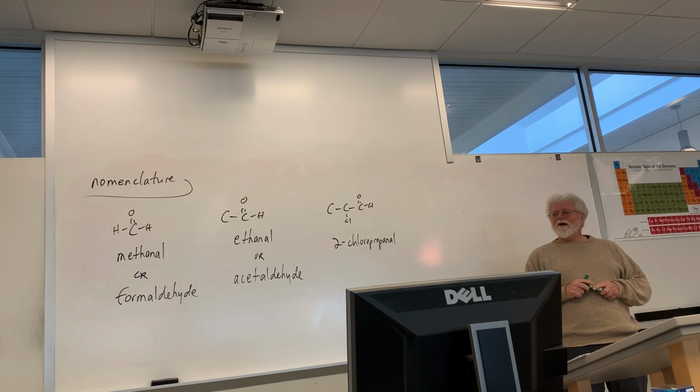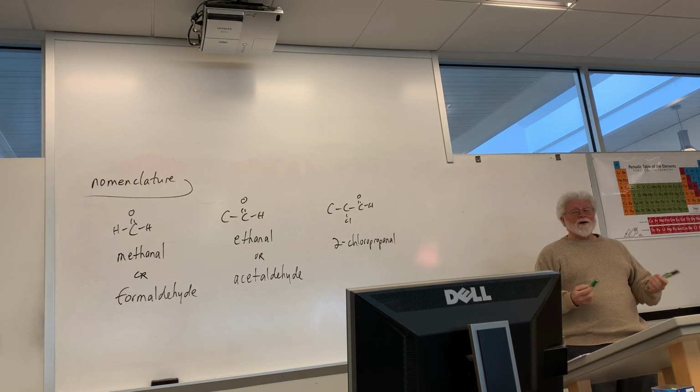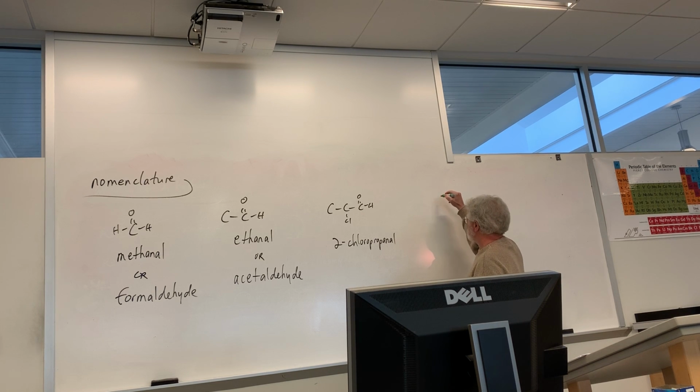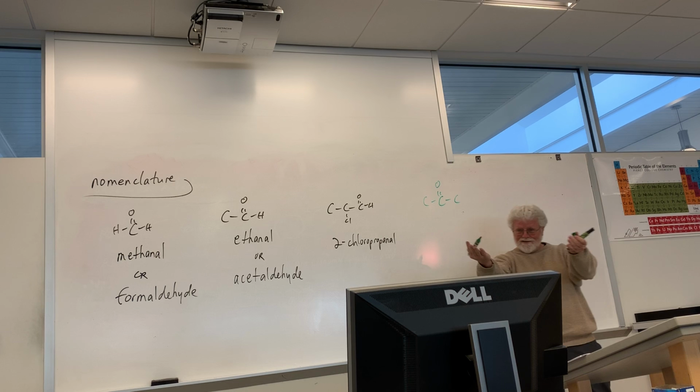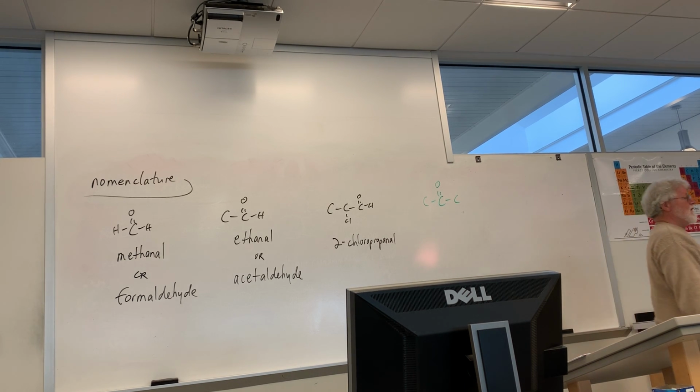The one carbon ketone? There is no one carbon ketone. What's a two carbon ketone called? There is no two carbon ketone. The minimum number of carbons for a ketone is 3 carbons, because you have to have the carbonyl and you have to have a carbon on either side. Otherwise, yes, it's an aldehyde. So this is the smallest possible ketone.